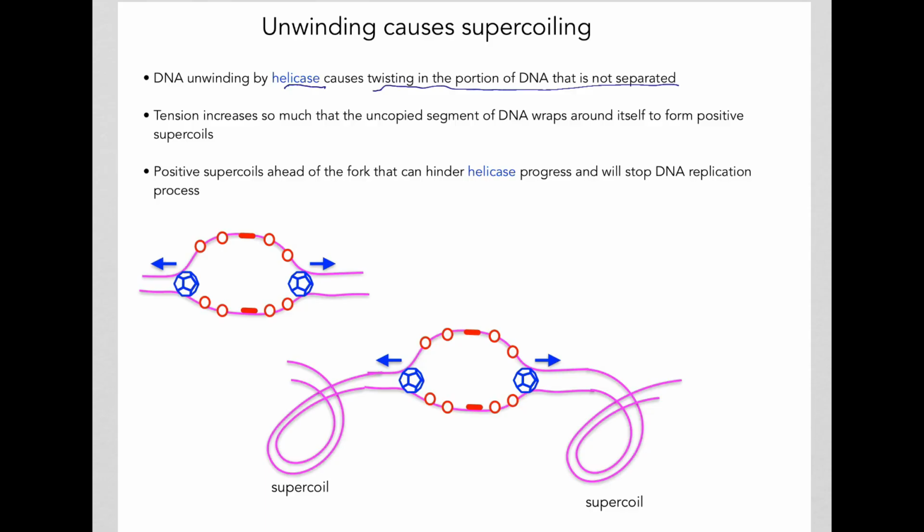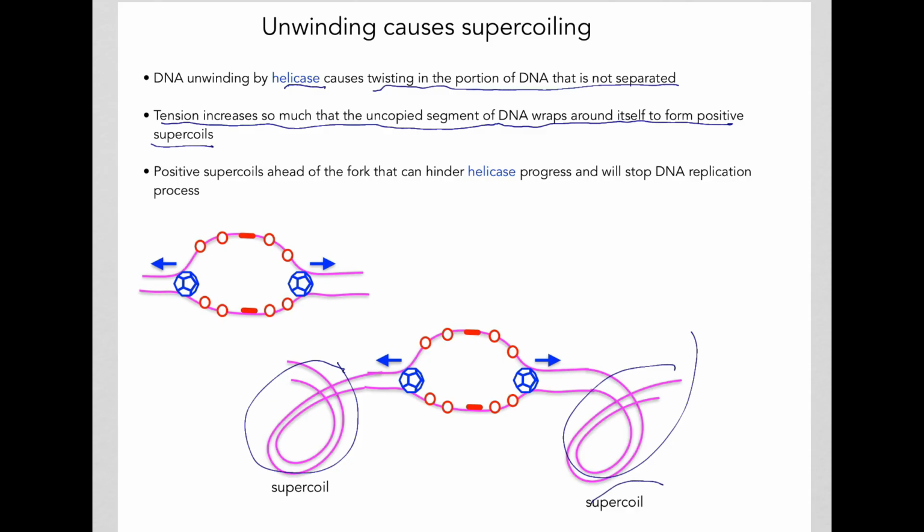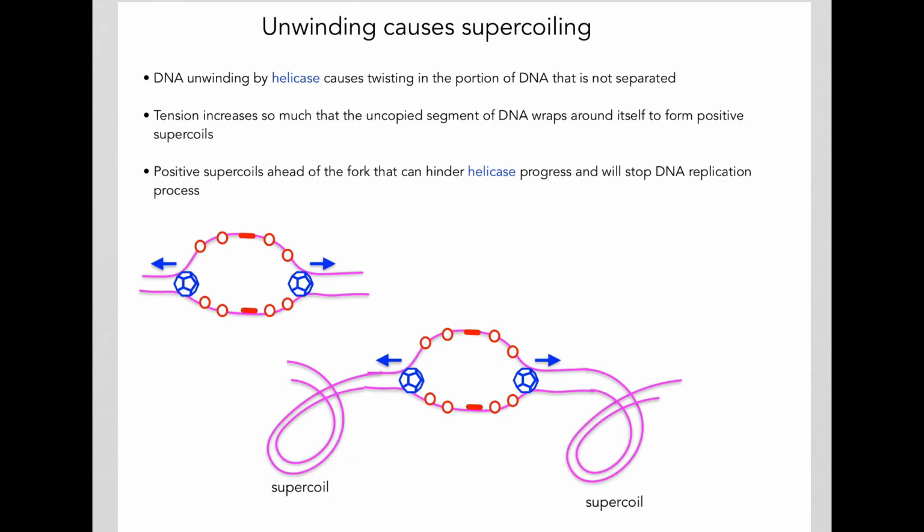So you can see these strands that are not separated around here, they will be twisted, and that tension will increase so much that this area will start wrapping itself around itself to form what we call positive supercoils. So these positive supercoils that are ahead of the replication fork, they will hinder helicase progress, and that will stop DNA replication.